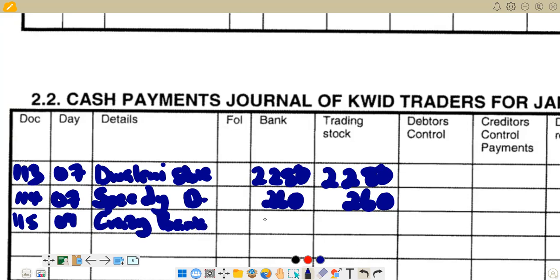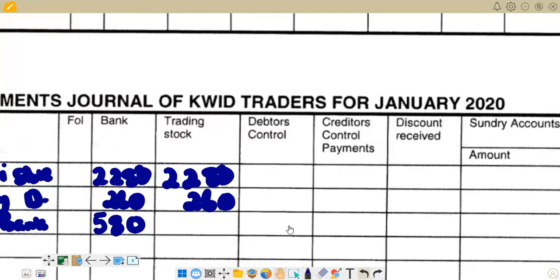And then the amount is 580. We are saying this is a payment to loan, and we don't have a column there for loan. So we are going to the sundry accounts column and put that one 580.